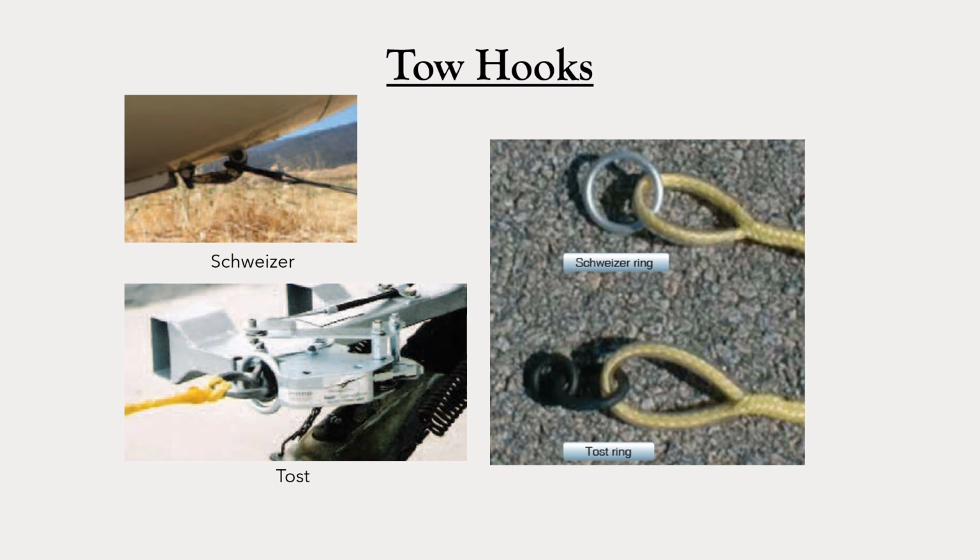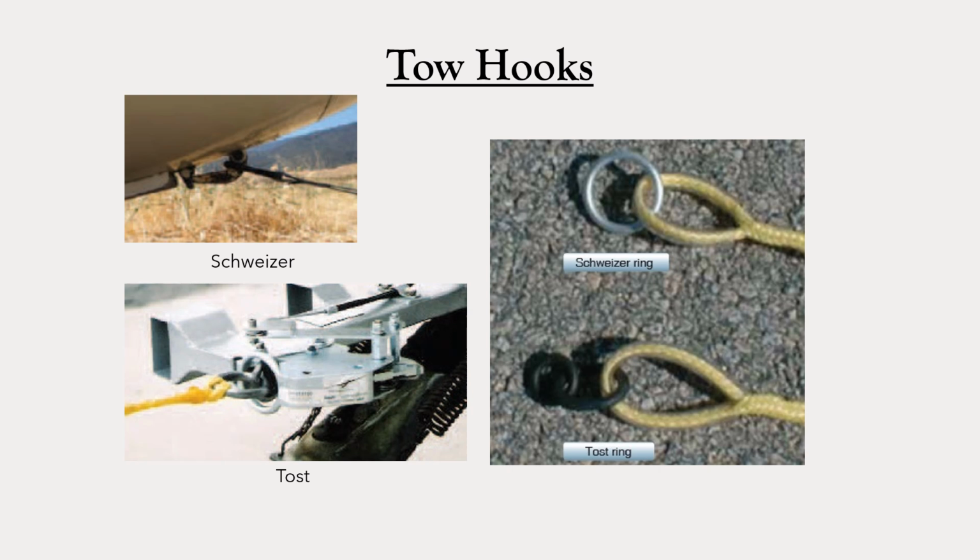Tow hooks. Both the tow plane and the glider have tow hooks, so it's releasable from either end. There are two different designs by different manufacturers for tow hooks, and you'll find both of them in the aircraft at Sandhill.